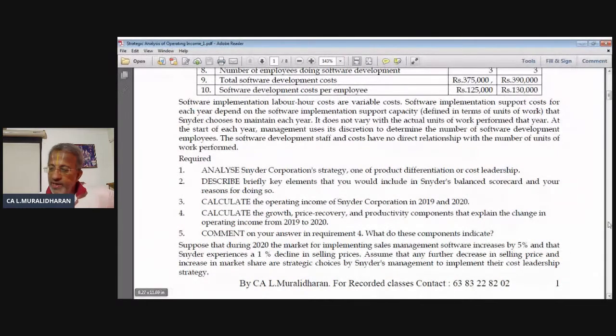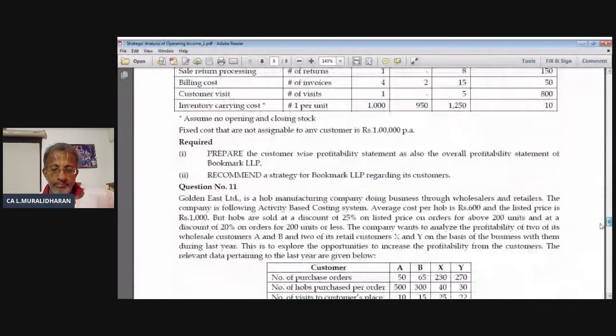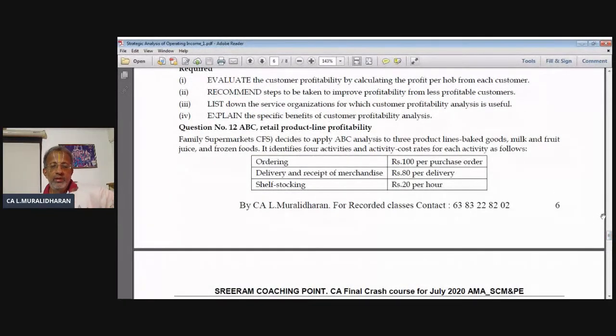So now let us take up ABC retail product line profitability. Family Supermarkets decides to apply ABC analysis to three product lines: baked foods, milk and fruit juice, and lastly frozen foods.